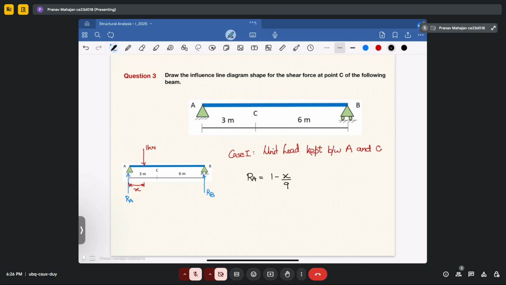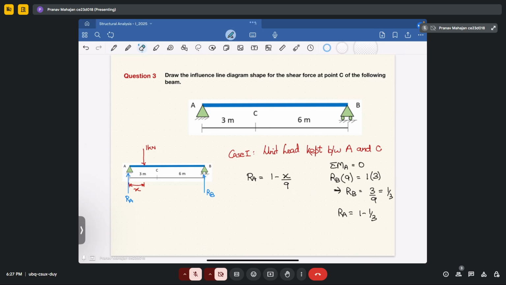If you want me to solve this, I can tell you how it came. Suppose you take moment about A equal to 0, you will get RB into 9 equal to 1 into 3. This will give you RB equal to 3 upon 9, that is 1 by 3. So your RA will become 1 minus 1 by 3. Fine. So this is how you will calculate.